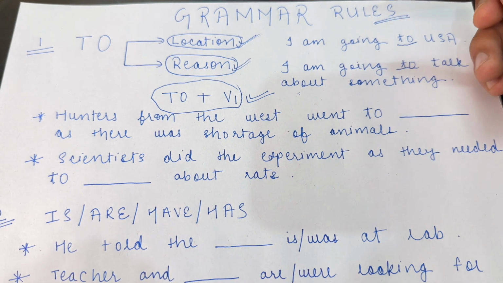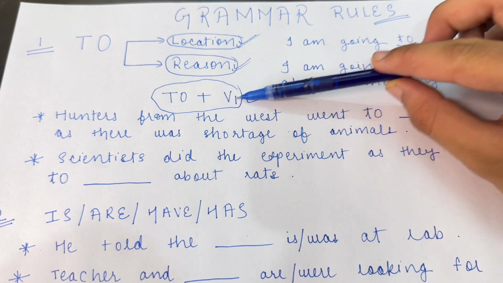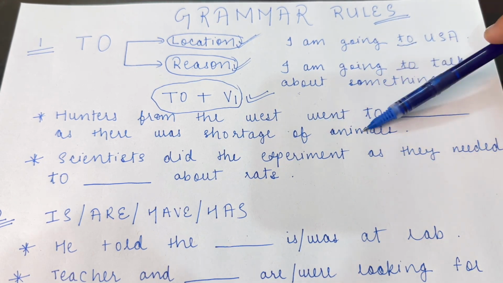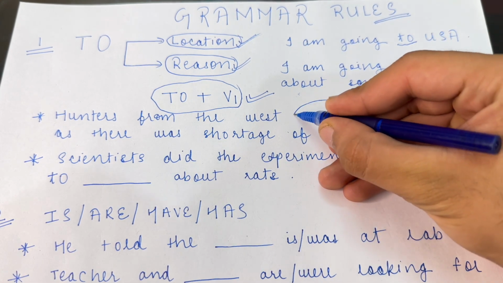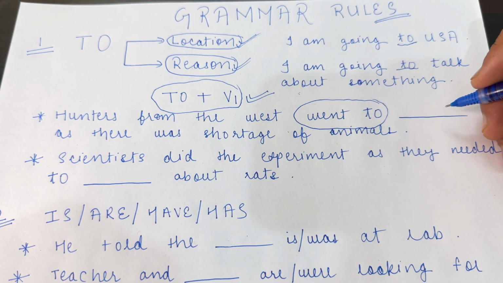So next, let's go to the examples. For example, in reading you are given: hunters from the west went to dash as there was a shortage of animals. From "went to" you could realize that in the blank you have to fill a kind of location.